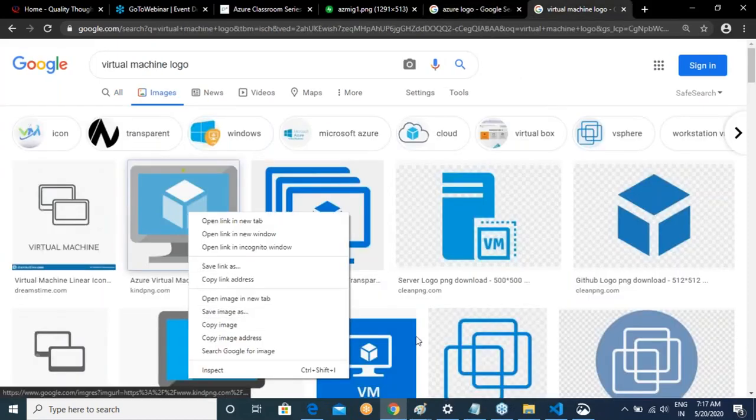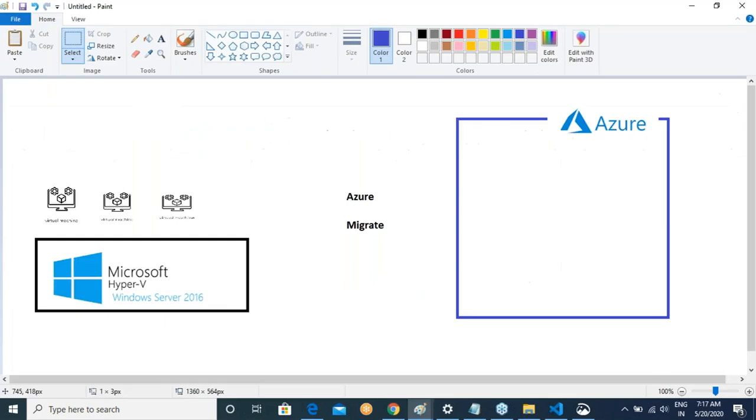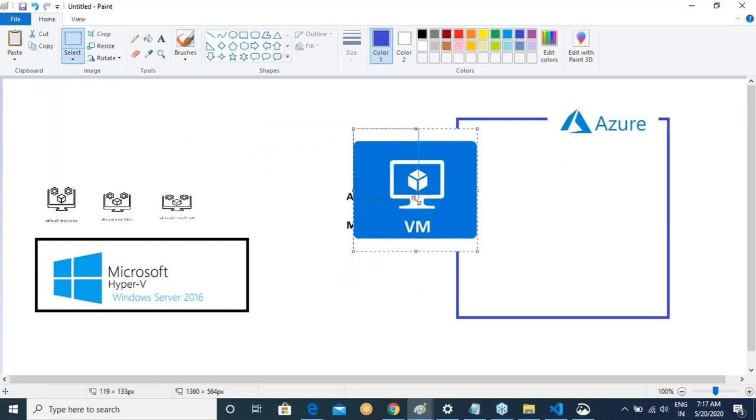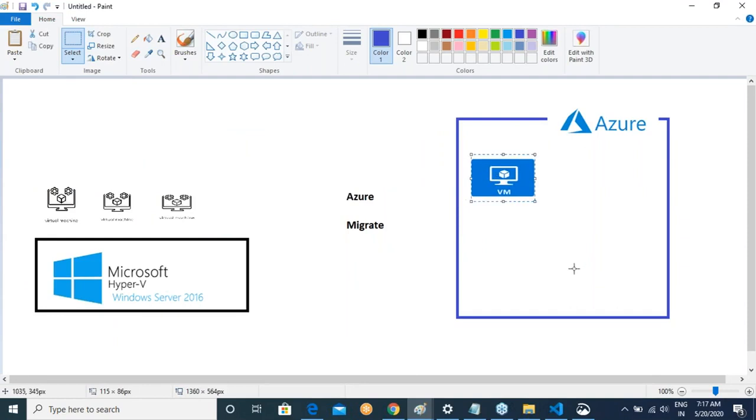So this is the Azure virtual machines logo. So we have 3 virtual machines that I'll be creating.